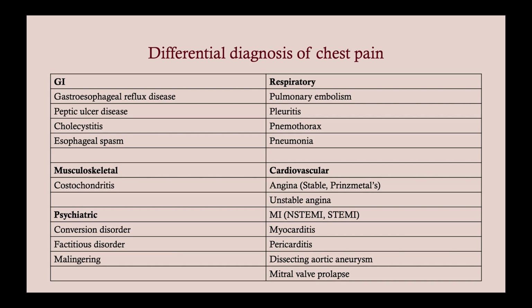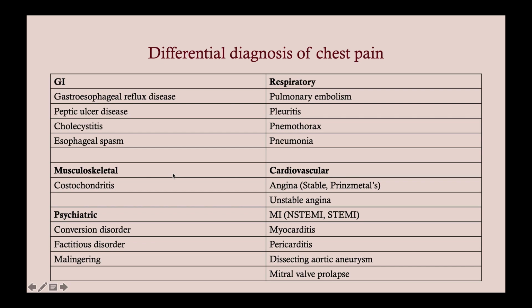Okay, so we're going to talk about the GI, muscular, respiratory, and cardiovascular causes. And I am absolutely not going to go into all of these disorders in detail, but I am going to point out some distinguishing features. I do have videos dedicated to most of these, and certainly in the cardiovascular section, I do go into each of these things in particular.